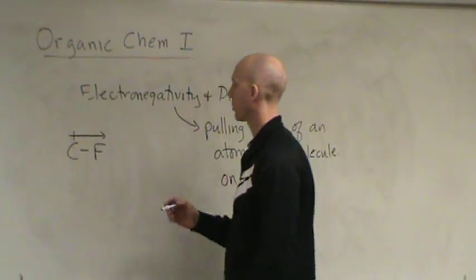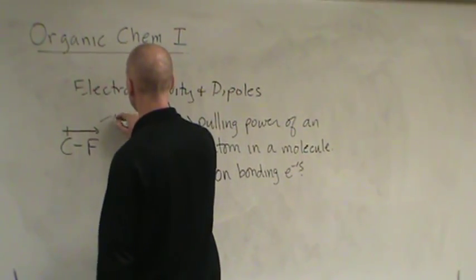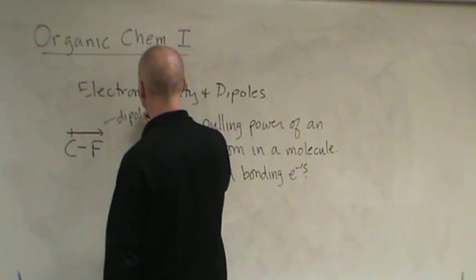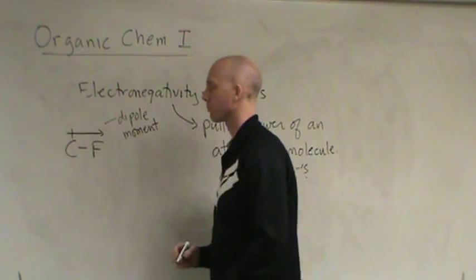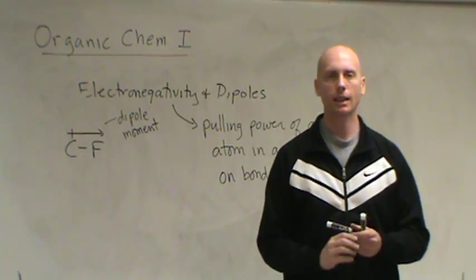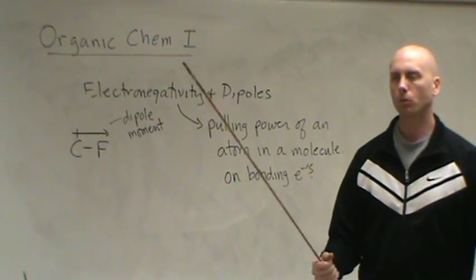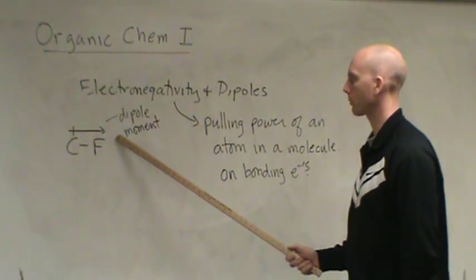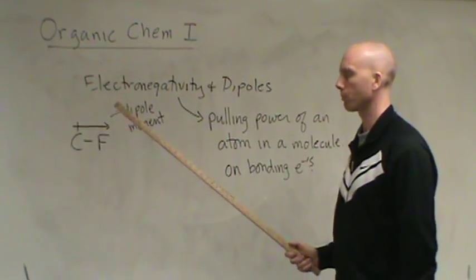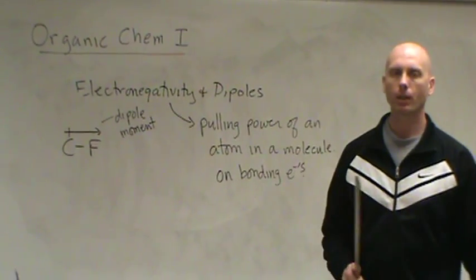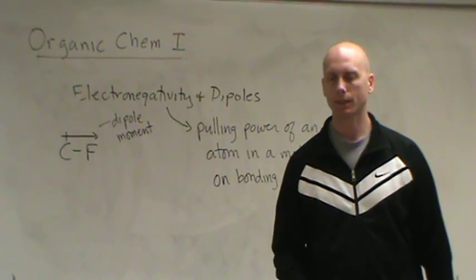And that arrow is what's called the dipole moment. So make a note of it. We always point our dipole moment toward the most electronegative atom in that bond.